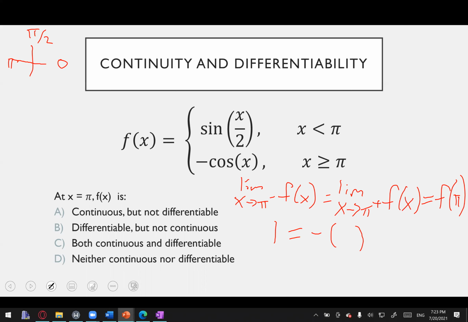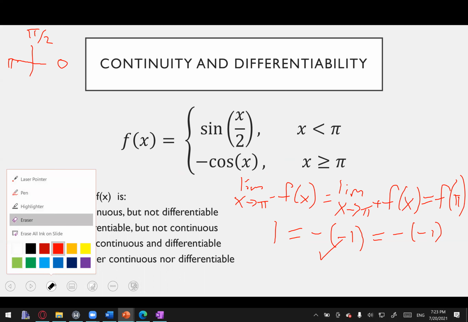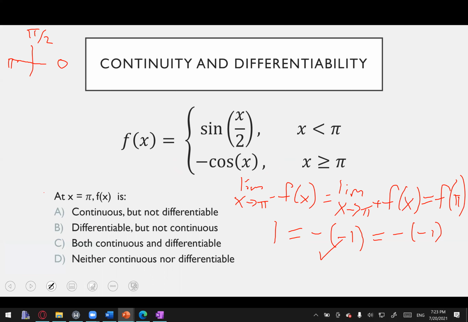So that's going to be -1 at that point. So I'm going to have -1, which is +1. And then if I plug in pi, we're also using the same equation. So that's still going to be the same thing. Okay. So I can say that these functions are what? Continuous. They are continuous. Perfect.